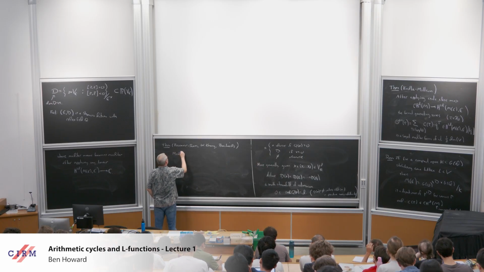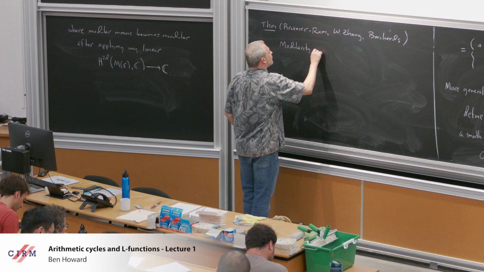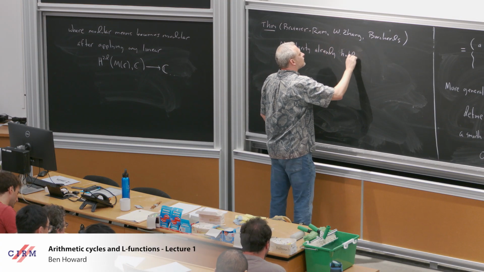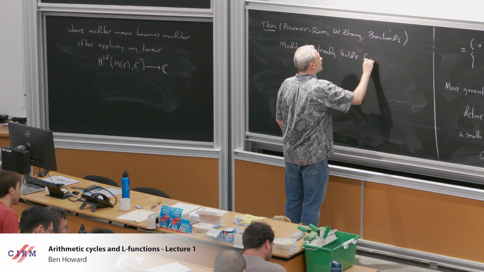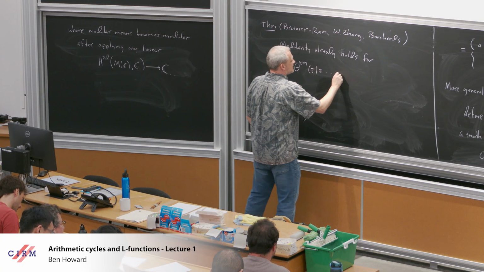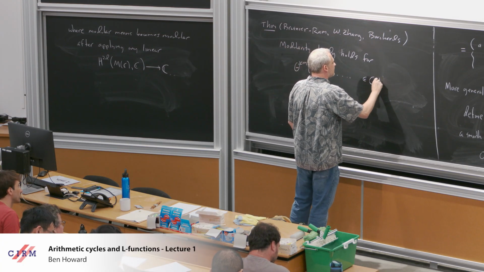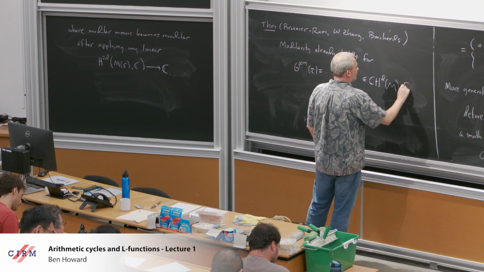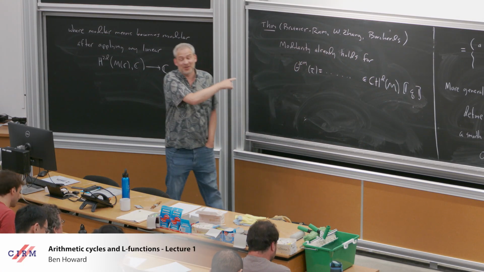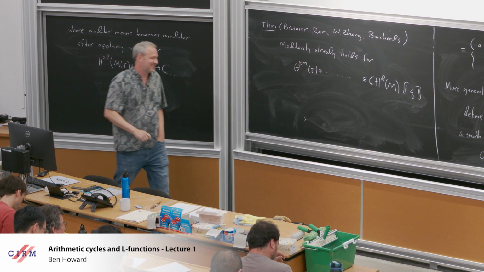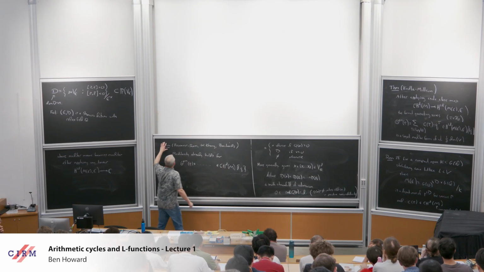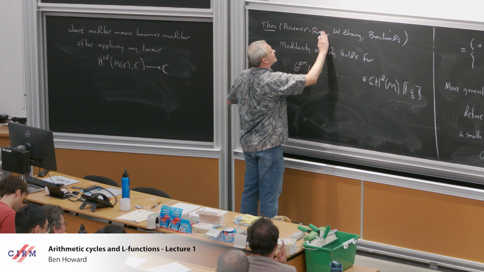Modularity already holds for the same theta series, the exact same formula, but now in the codimension D Chow group of the canonical model. And that only makes sense for this signature.